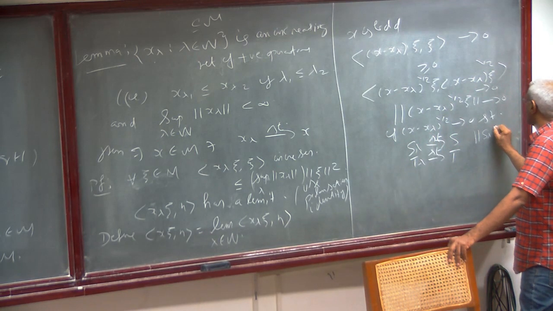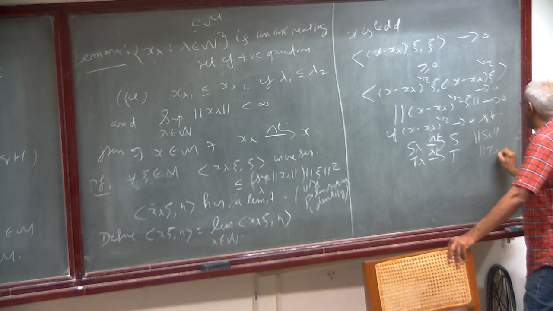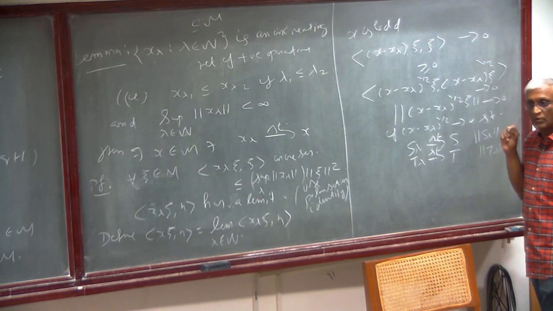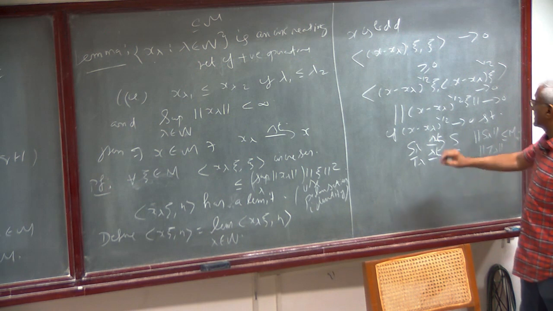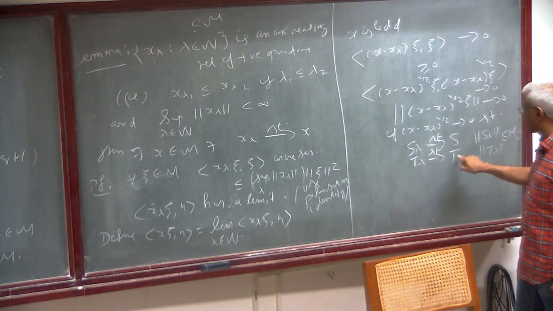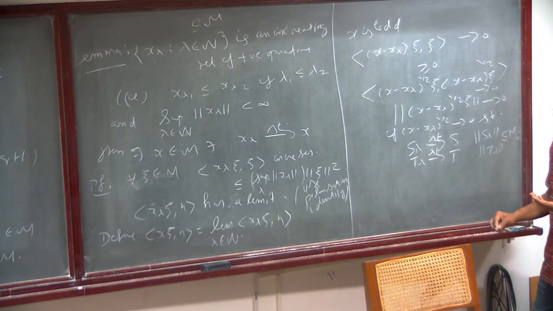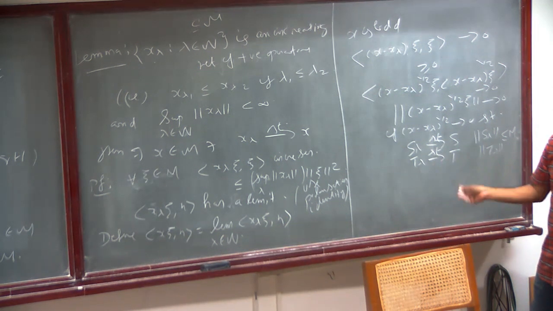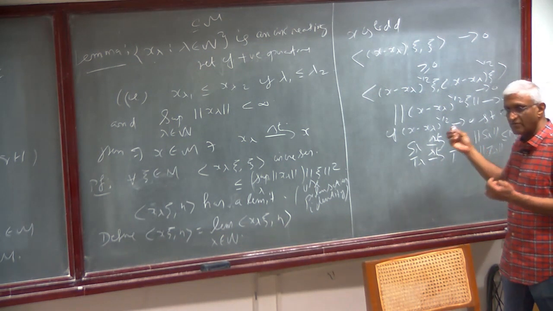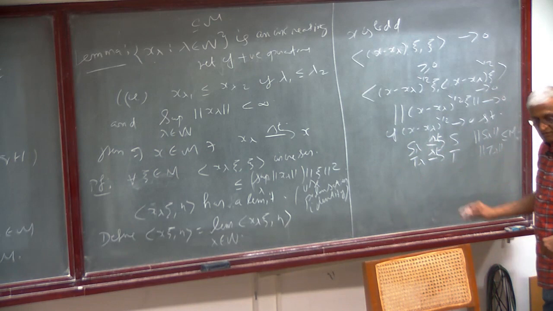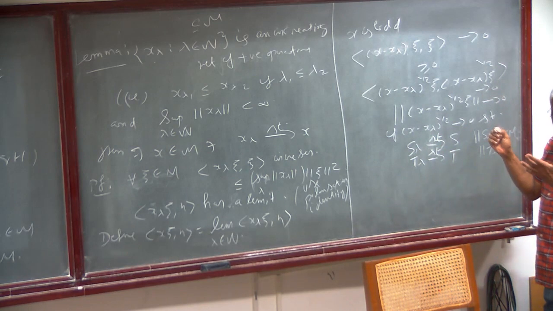And the norm of S lambda and the norm of T lambda are less than or equal to M, uniformly bounded. Then you can verify that the product S lambda T lambda will converge to ST. This is through the triangle inequality and using this bound. So it's an exercise. I think I mentioned it before.